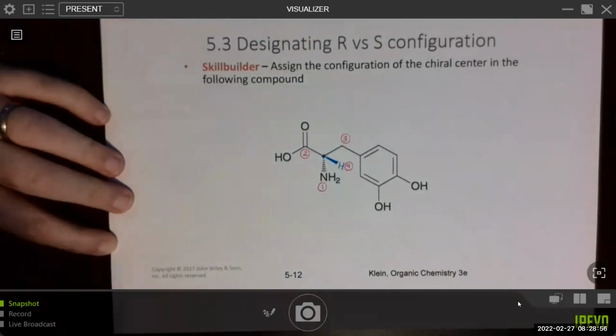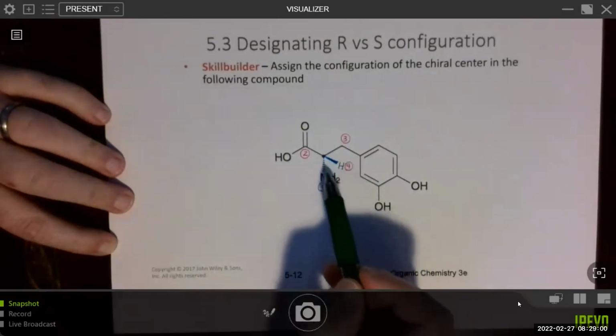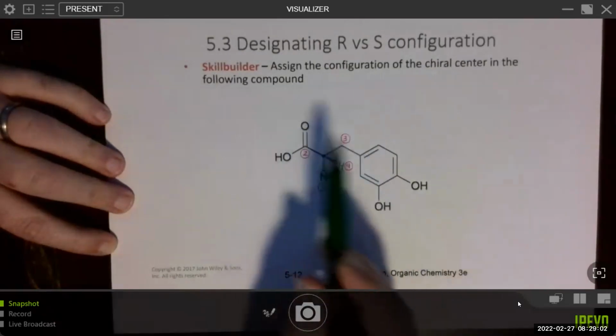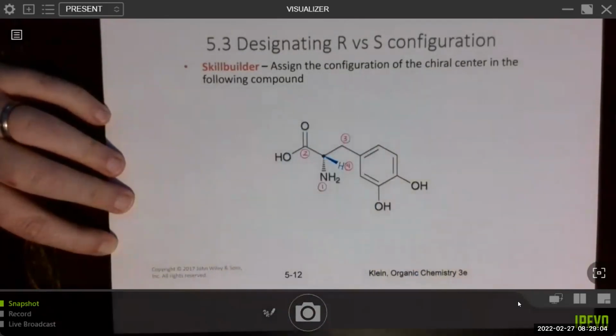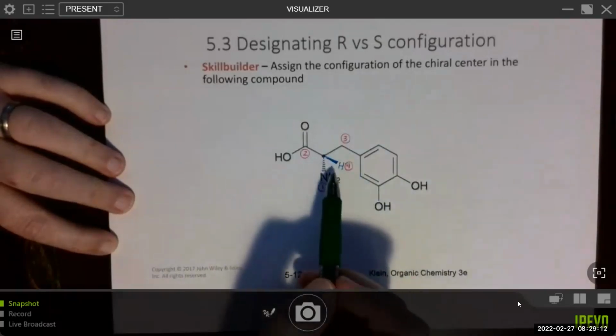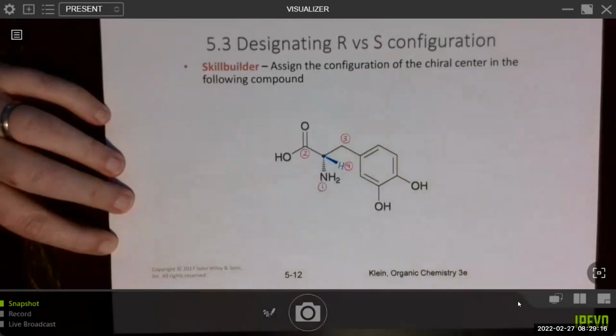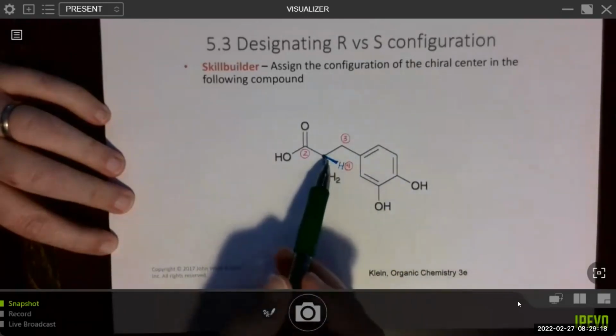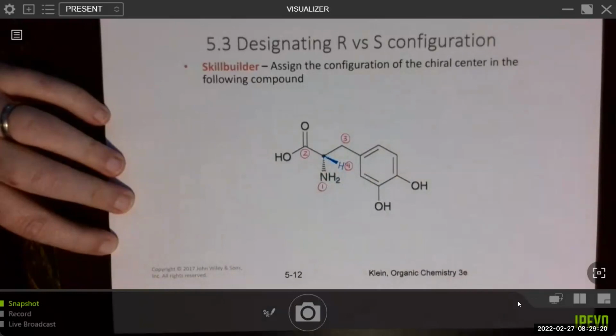From here, we can just figure out where is our fourth priority group. So we're done with step 1. We've assigned the 4 priority numbers. Now we need to use one of those strategies or tricks to make sure that our fourth priority group is pointed away from us. Currently it's pointed out, which is not what we want.